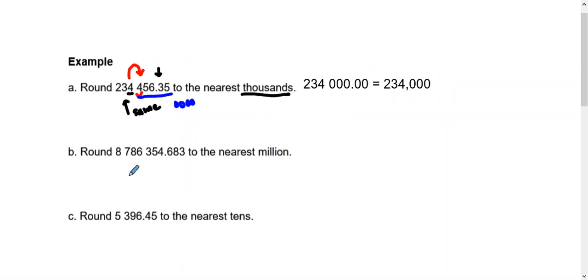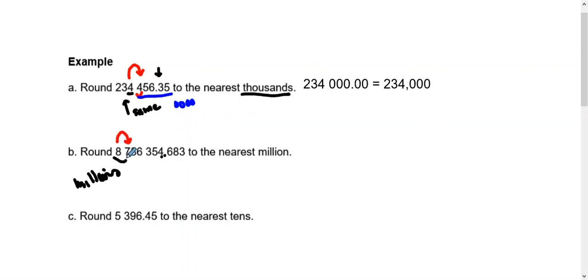Nearest million. So we're going to look at this. Here's my decimal place, and then we're going to look at the millions. Ones, tens, hundreds, thousands, 10,000s, 100,000s. There's my million spot. And then what we're going to do is we're going to look next door.